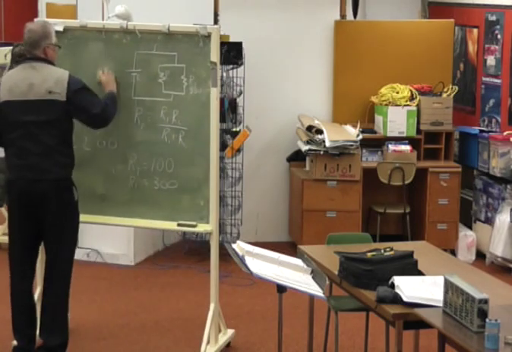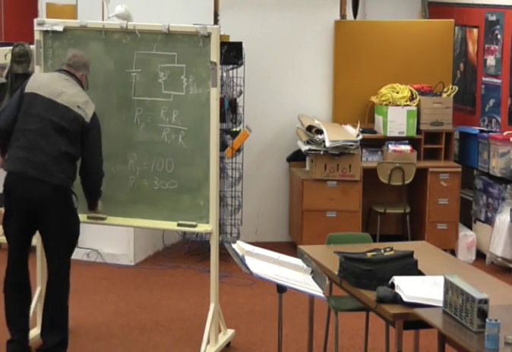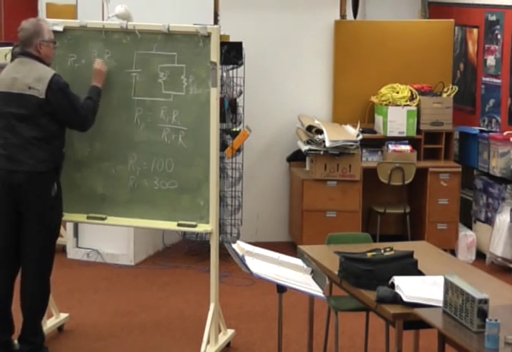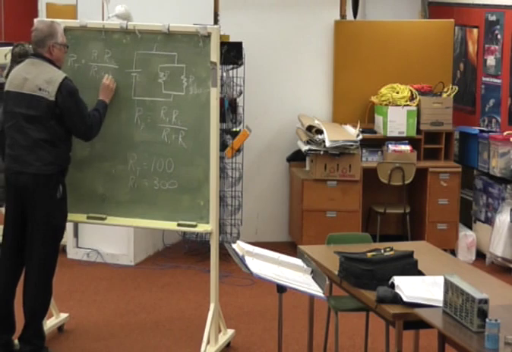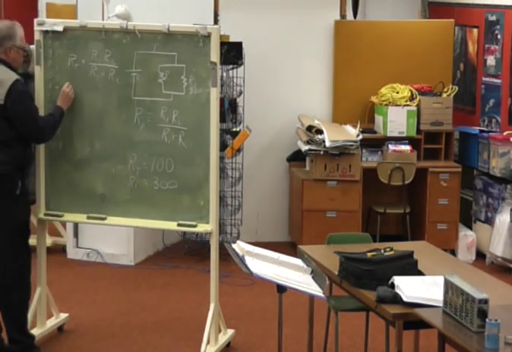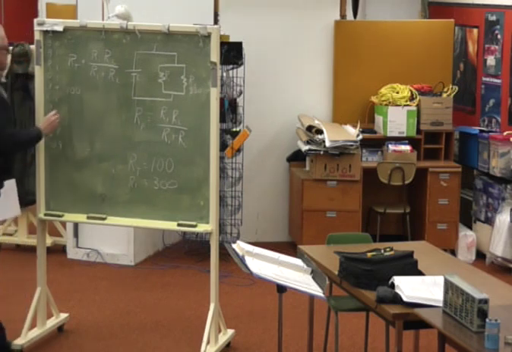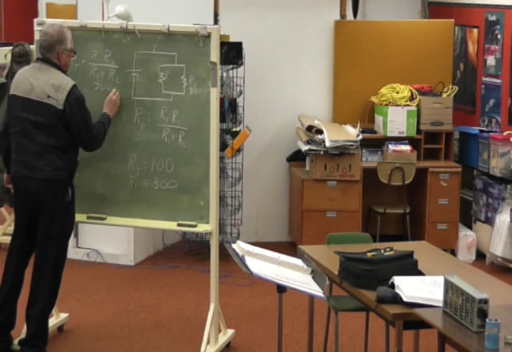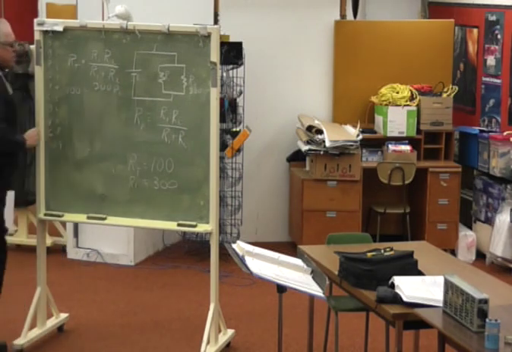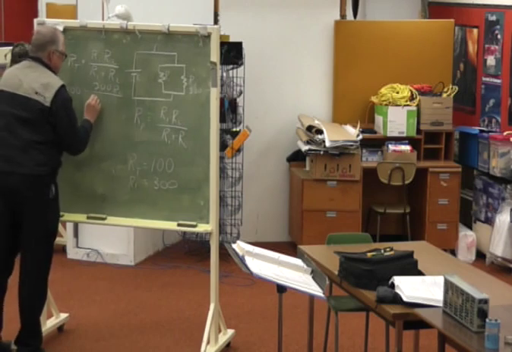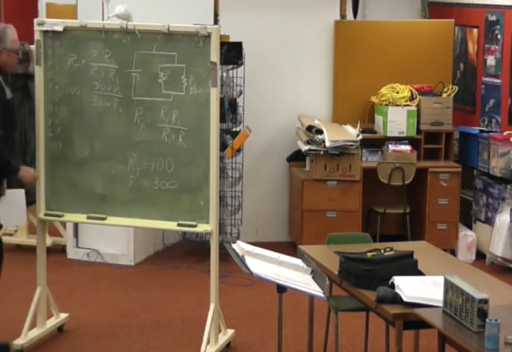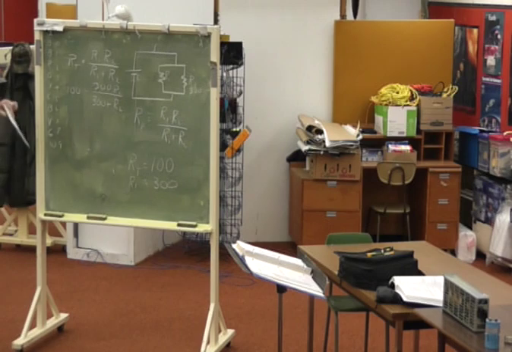Let's go back to that same equation. Okay, so 100, which is what we're trying to get, is 300 times the other resistor, divided by 300 plus R2. So all we have to do is solve for R2, and this is a little bit more messy than some.